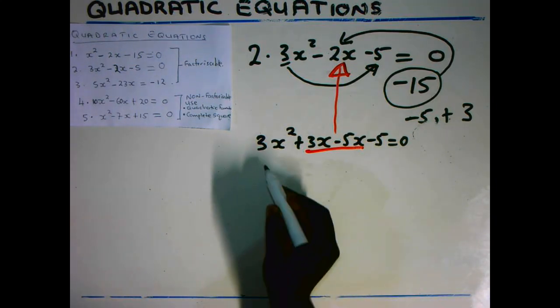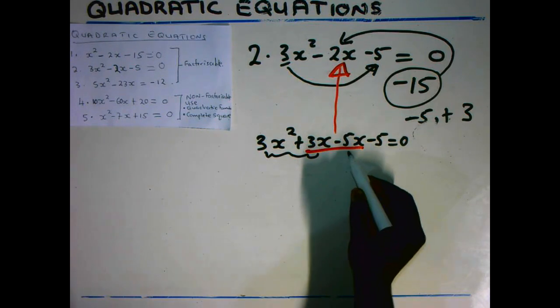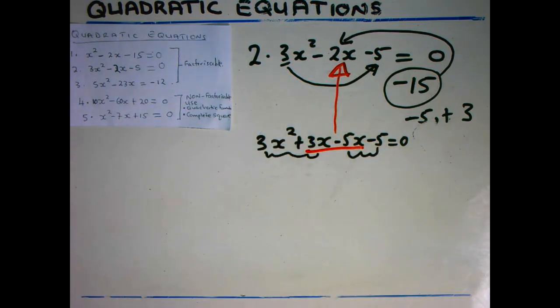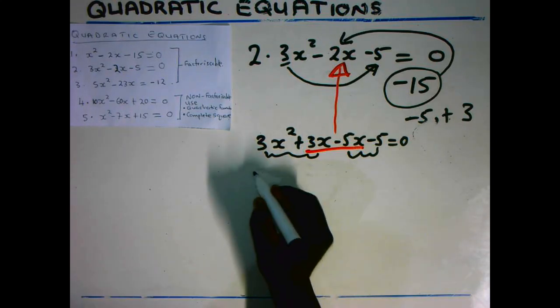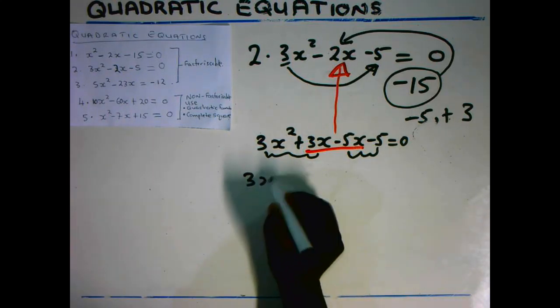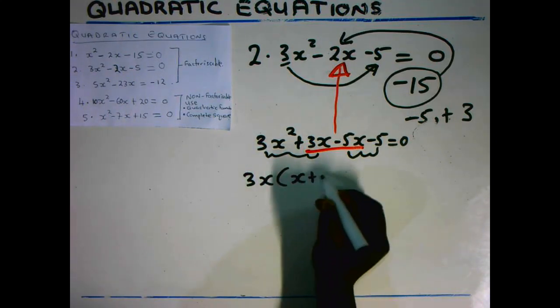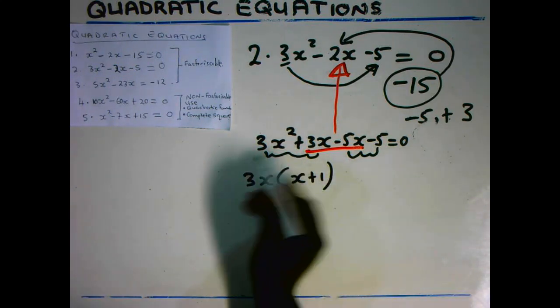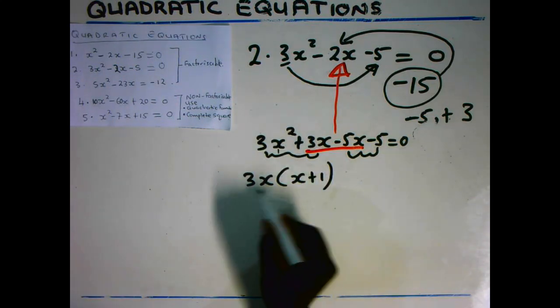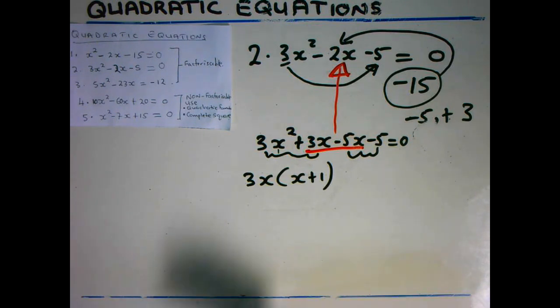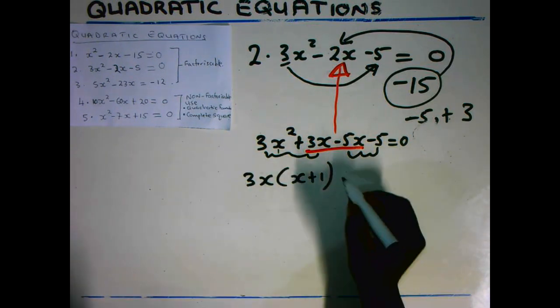So we look at these terms separately. We factor out the highest common factor, which is 3x, to get 3x times (x plus 1). Remember, when we remove 3x, we divide each term by the highest common factor to determine what is inside the bracket.